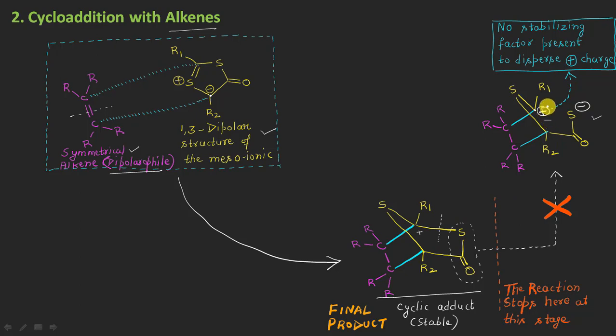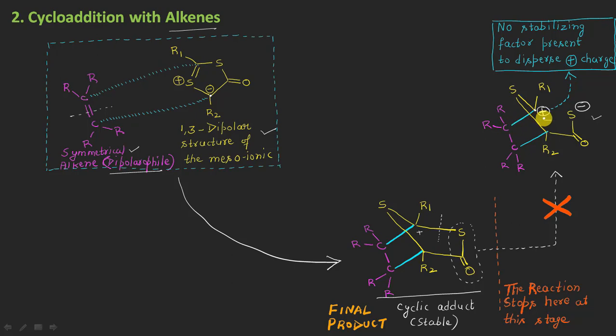So now if we have a careful look at the structure and the chemical environment in this molecule, we will see that the positive charge is not stabilized here, because no stabilizing factor is present in this molecule which can actually disperse this positive charge, right?